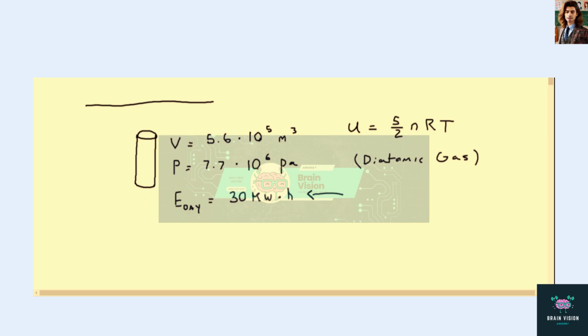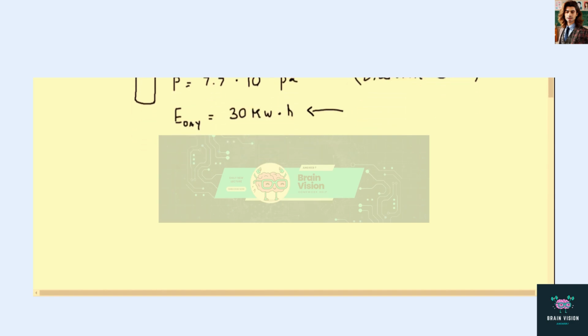All right, so to figure out how many homes we can power for a single day, we will want to take the total energy that we have stored here, and divide it by the energy that a home requires each day. So this should give us the number of homes that we can power for a single day.